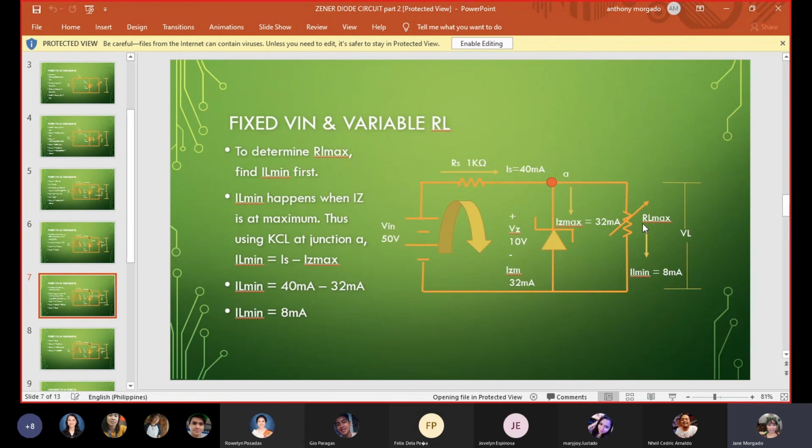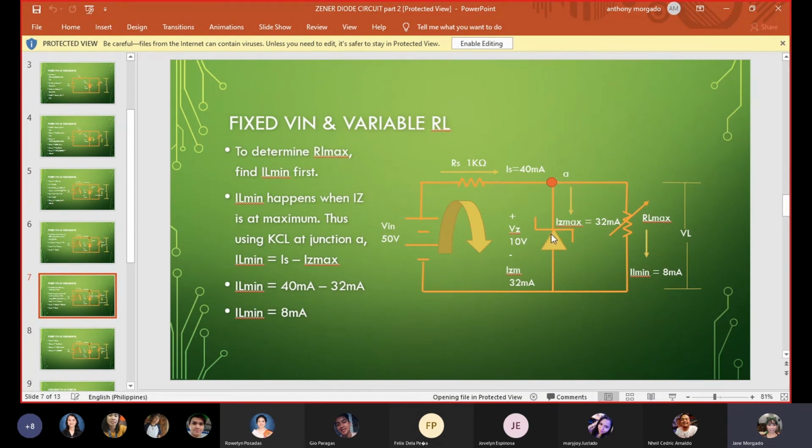So remember what is the relationship between resistance and current? Inverse po. Inversely proportional. Kaya we have minimum current here, minimum IL, maximum RL. We will only have minimum IL if the current flowing through Zener is at maximum, which is given, ICM at 32 milliampere. Ito yung nasa specs.